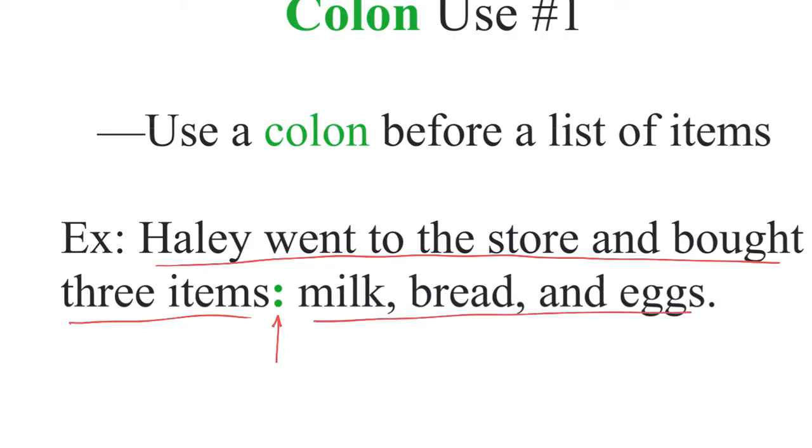And then the right side resolves that anticipation by telling the reader what the 3 items are. But the colon makes it clear that that's what the reader is supposed to feel. When the reader sees a colon, they know, okay, so I'm about to get this information. I can anticipate that I'm about to get the information I was just told about.